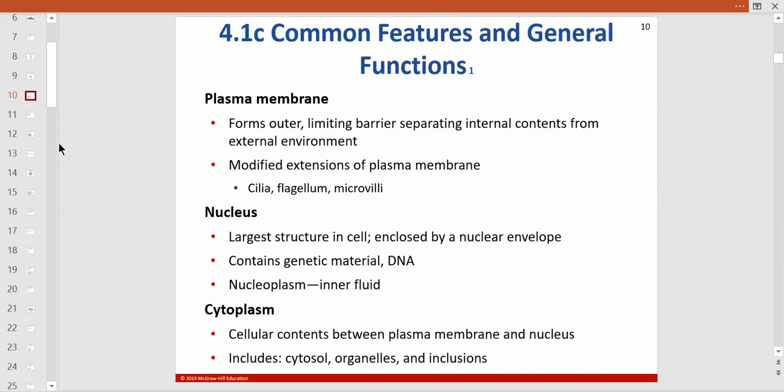So all cells, I can't think of one that does not have a plasma membrane. And of course, it forms an outer barrier. I'm going to say this many times, but our plasma membrane, this you have to pay attention to. Plasma membrane is what we call selectively permeable.